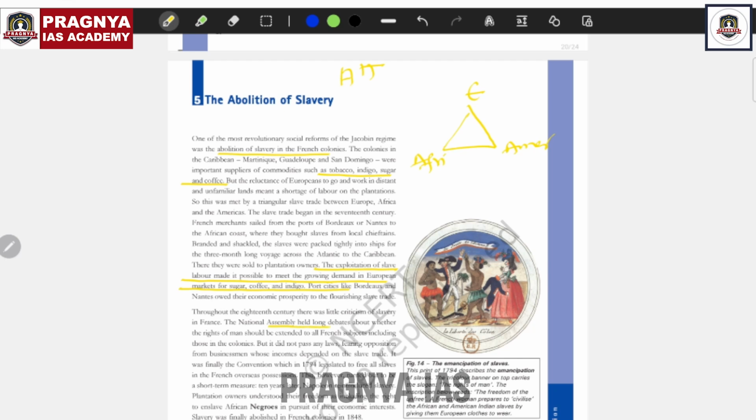The National Assembly held long debates about whether the rights of man should be extended to all French subjects, including those in the colonies. But it did not pass any law. Finally, the Convention, in 1794, legislated to free all slaves in the French overseas possessions. Napoleon reintroduced slavery. Plantation owners understood their freedom as including the right to enslave.